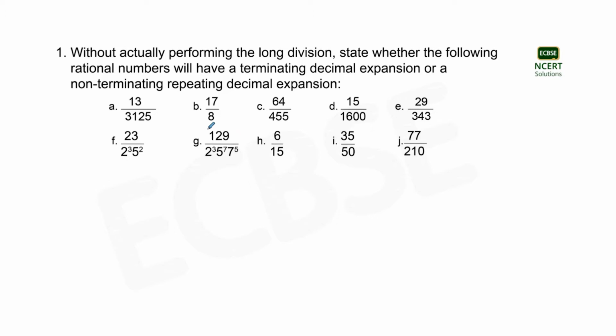Before getting into this question, let us learn what rational numbers are, as it has been given that all the numbers here are rational numbers. The definition says a rational number is a number which can be expressed in the form p by q, where p and q are integers and the HCF of p and q is equal to 1.